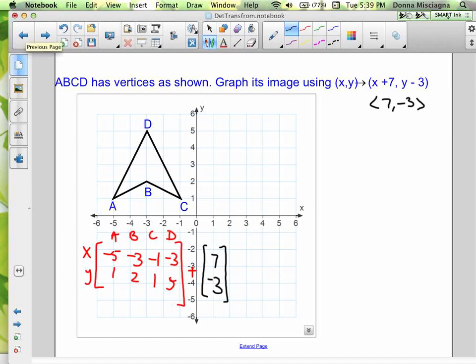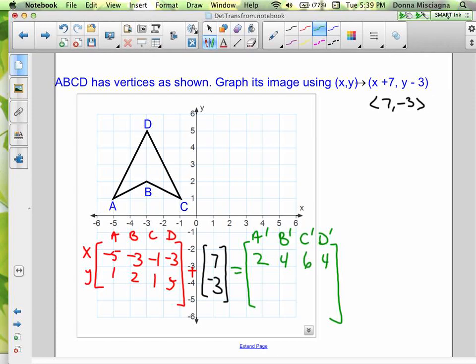Right, and then when we add that, we have A prime, B prime, C prime, D prime. Right, and so we're just going to add 7 to all the x coordinates, negative 3 to all the y coordinates. So negative 5 plus 7 is 2, negative 3 plus 7 is 4, negative 1 plus 7 is 6, and negative 3 plus 7 is 4 again.